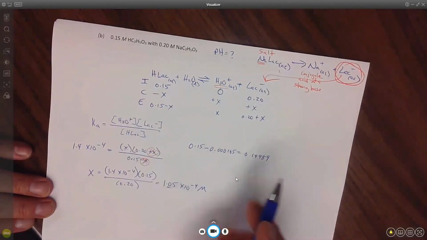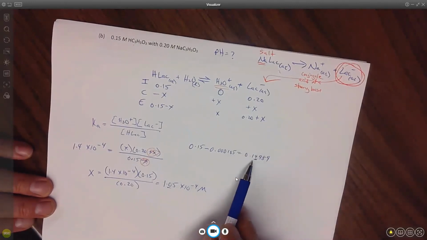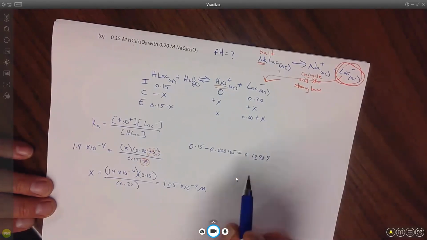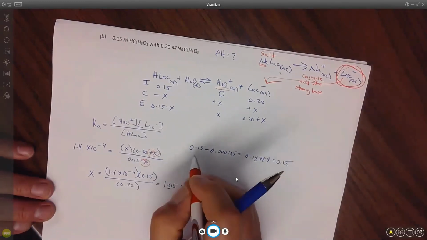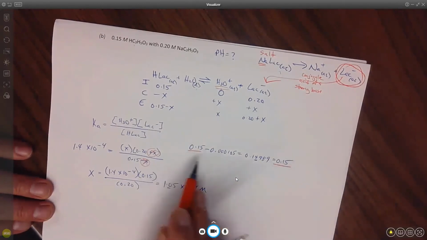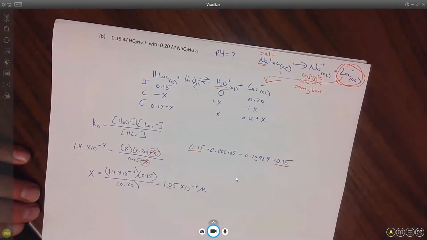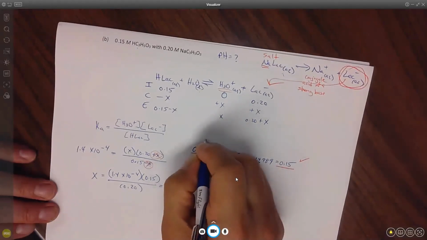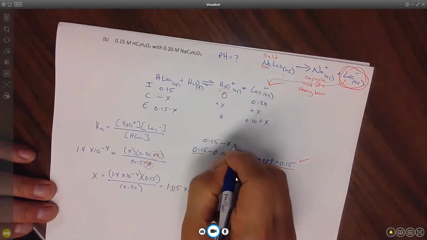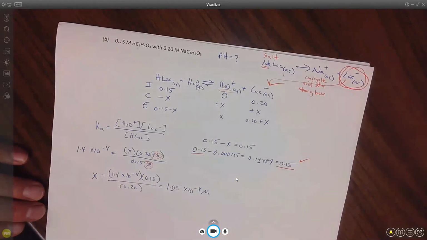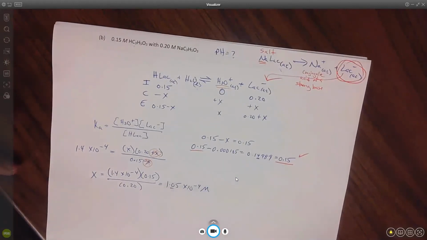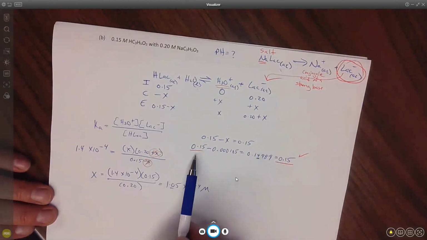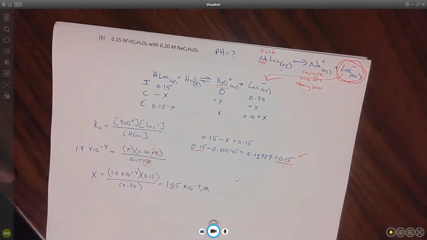Well, one past the last sig fig is 5 or greater, so we're going to round up. So this is equal to 0.15. So our assumption was good. We have the same value to the same sig figs. And again, all I really needed to see was this. But making sure that you actually understand that that is a true statement, I would accept that. But again, be careful. So they are the same, so our assumption is correct.